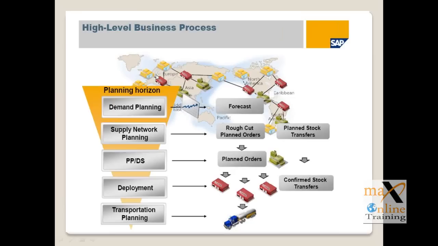You can connect your entire global network, your plants or business, and do global-level planning. For example, an HP company CEO wants to know how many laptops they are going to sell next month, total worldwide.